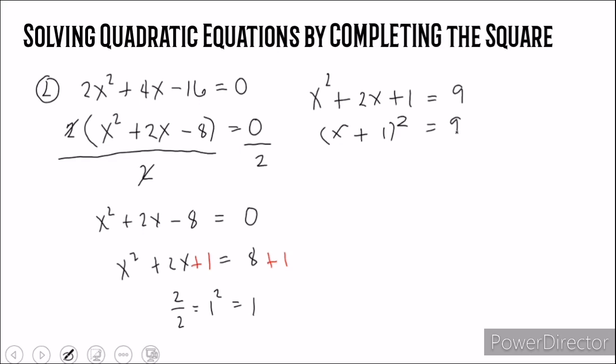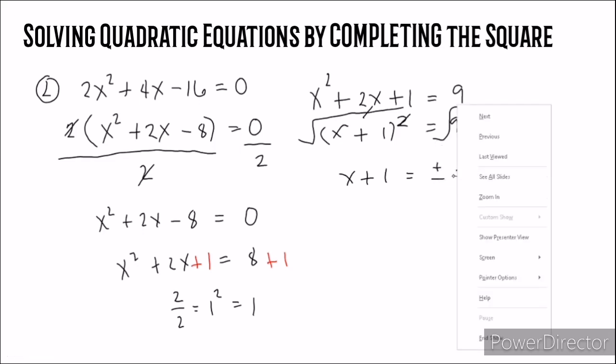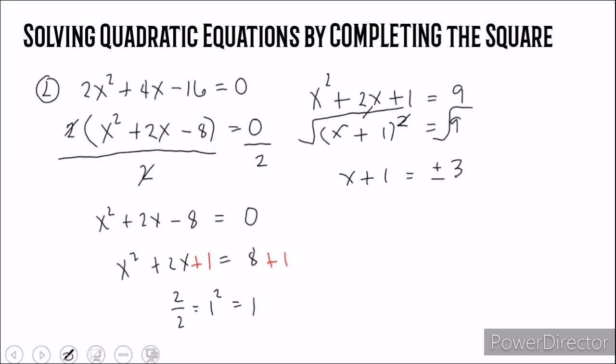Then afterwards, we are going to extract the square root. So, cancel na yung square. We have x plus 1, which is equal to positive or negative 3. 3, which is the square root of 9.